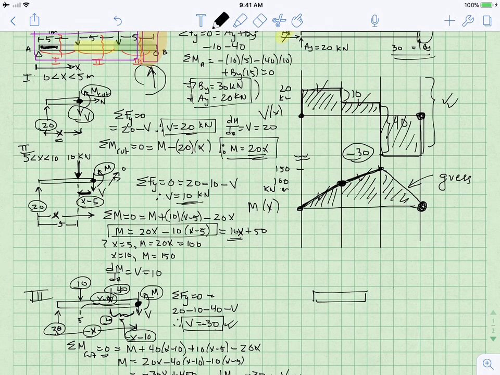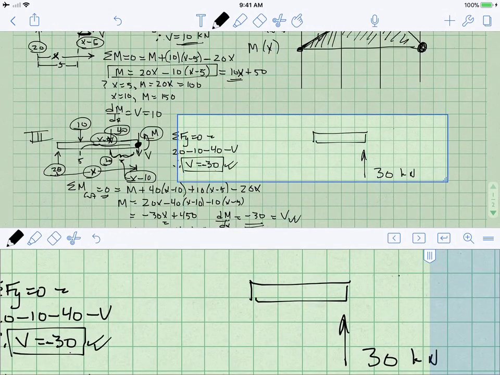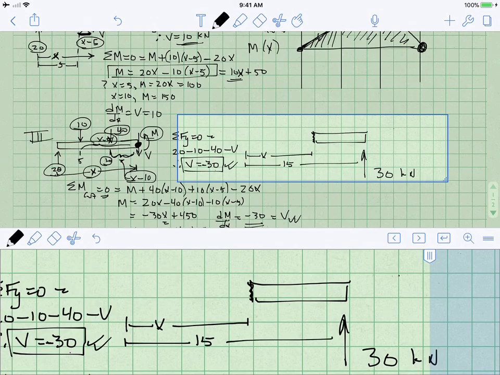Well, it is being supported by By with a value of 30 kilonewtons. It also is going to have internal forces. This is where I've cut it. This is the end of the beam, and I am x away from it, and this total distance is 15. So this length is 15 minus x.